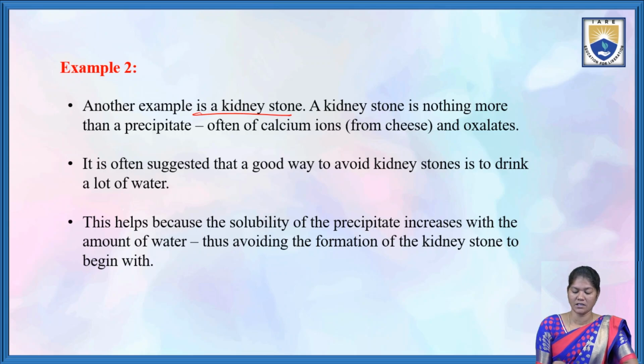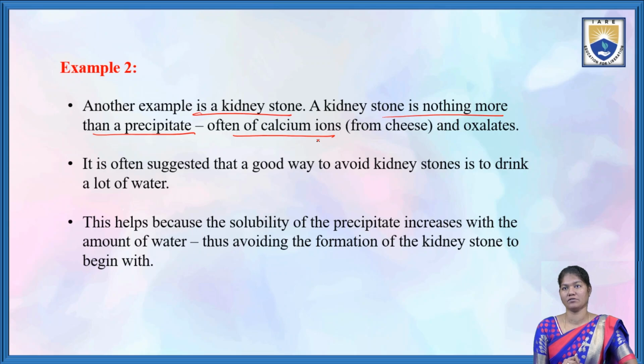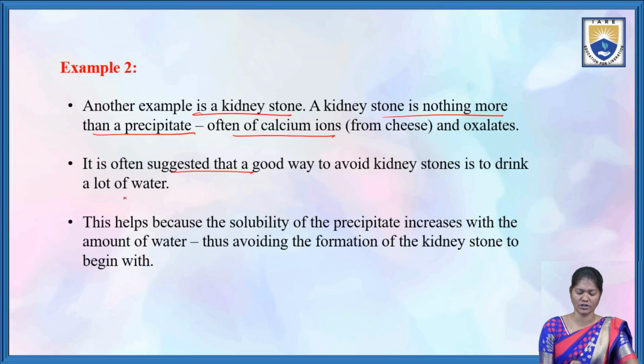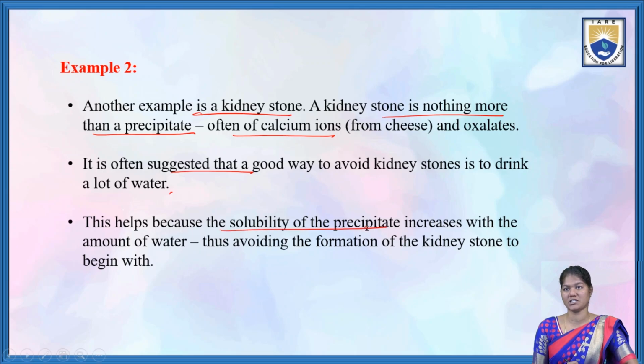It is often a precipitate of calcium ions from cheese and oxides. It is often suggested that a good way to avoid kidney stones is to drink a lot of water.